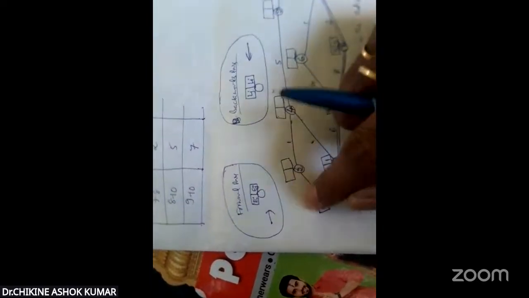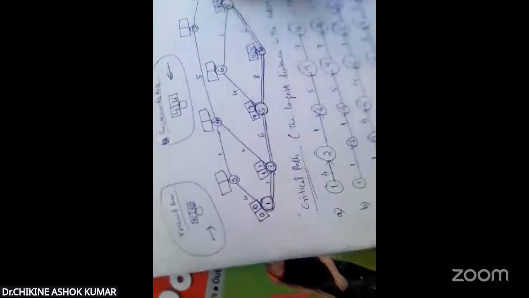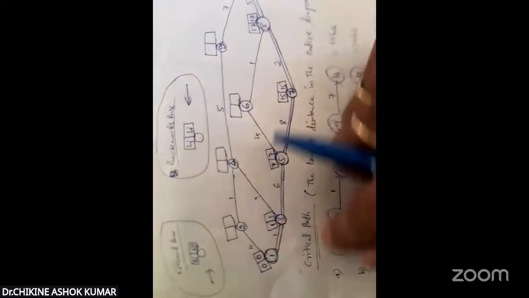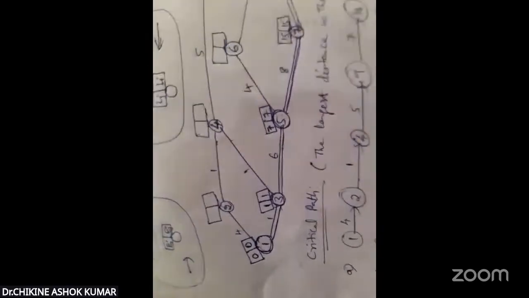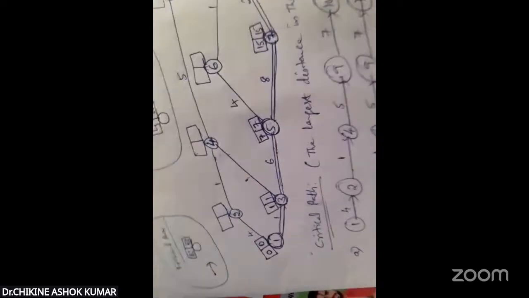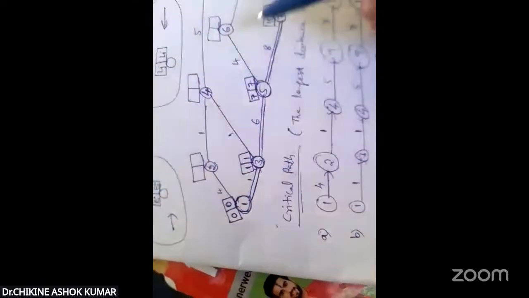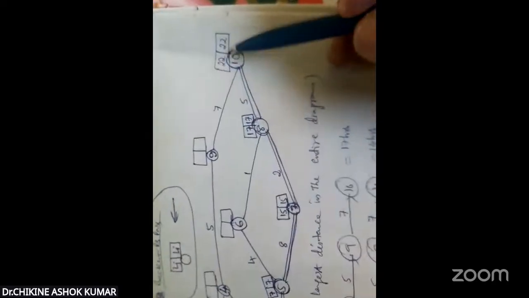Not only this, for each and every event in the critical path, the earliest starting time and latest starting time must be the same. Here 0, 0, then 1, 1, 7, 7, 15, 15, 17, 17, and last 22, 22.